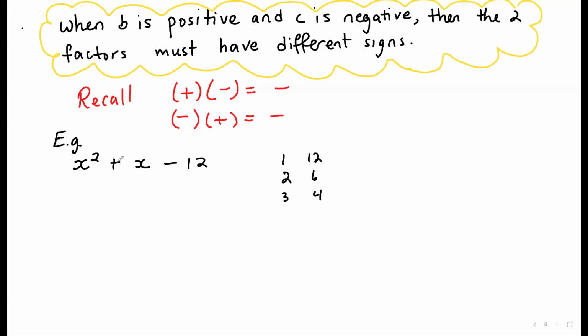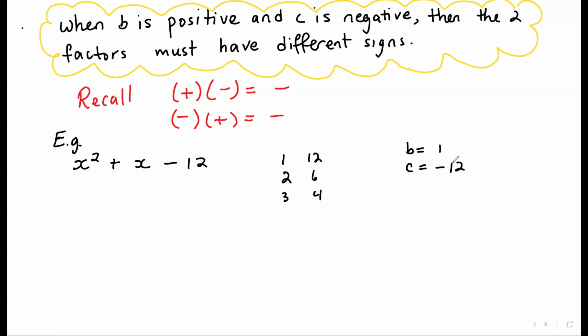Now, this is very important, guys. This is the part that I think students really struggle with. When you have these different signs here, students struggle with it. In this case, B is positive 1 and C is negative 12. So the factors need to multiply to give you negative 12, and at the same time add or subtract to give you positive 1.